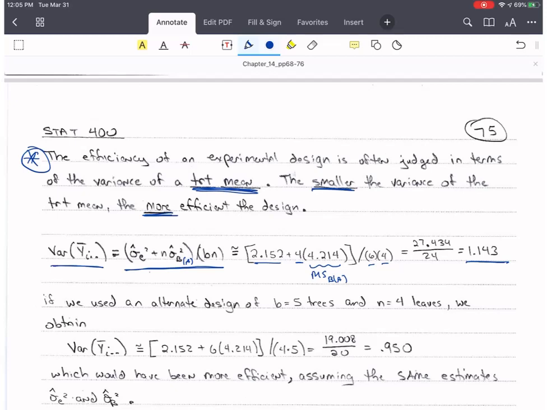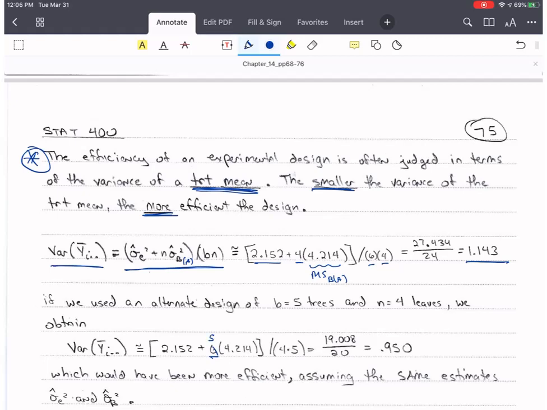It's much more difficult for us to climb up the tree, randomly select a leaf and climb all over the tree 6 times rather than 4 times. So this could be a lot more efficient in terms of labor. So what would happen if we keep all of our estimates the same, but now instead of 4 we have, I think I wrote that down wrong, we have 5. This should be 5 trees here.